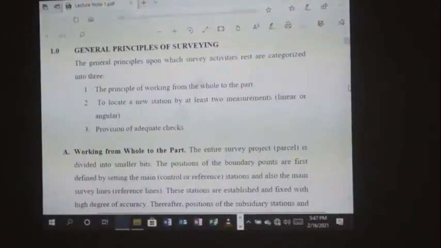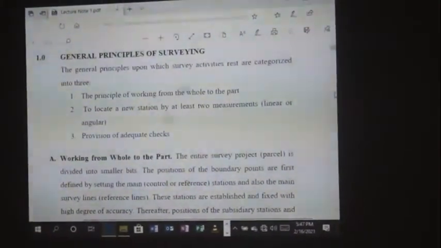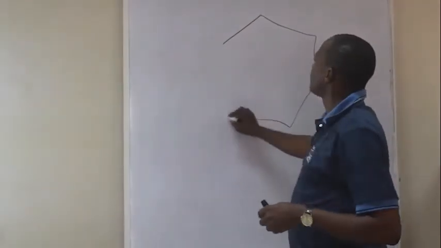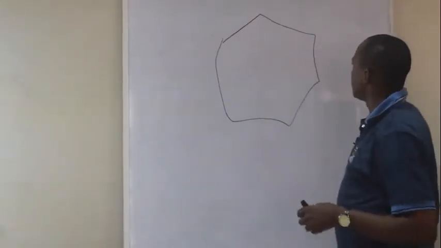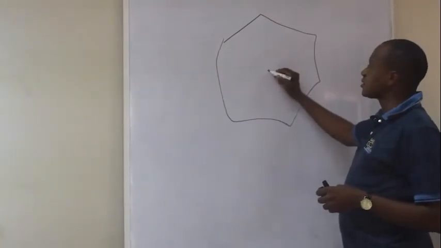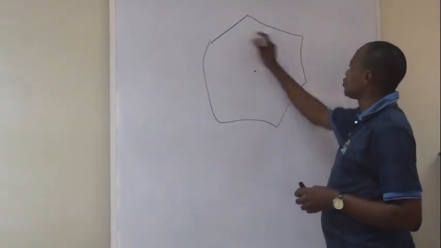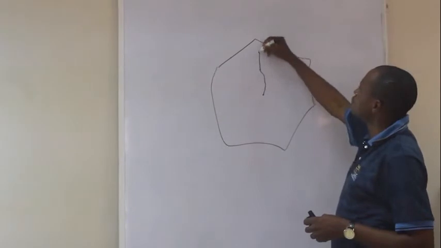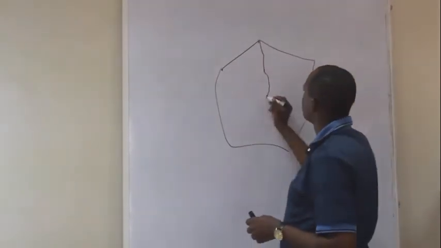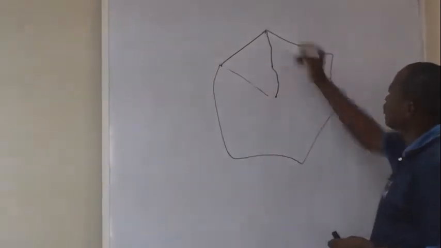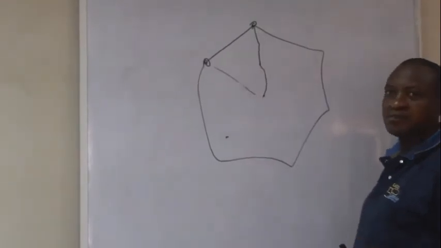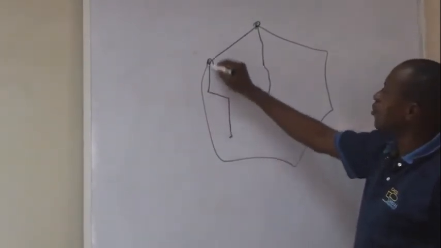If you have a very large parcel of land to observe, to work on, for example, something like this. If you start your survey from any portion of this parcel and you go to those points to coordinate this point. Assume you want to coordinate these 2 points. Somebody can as well start his own here and go like that.